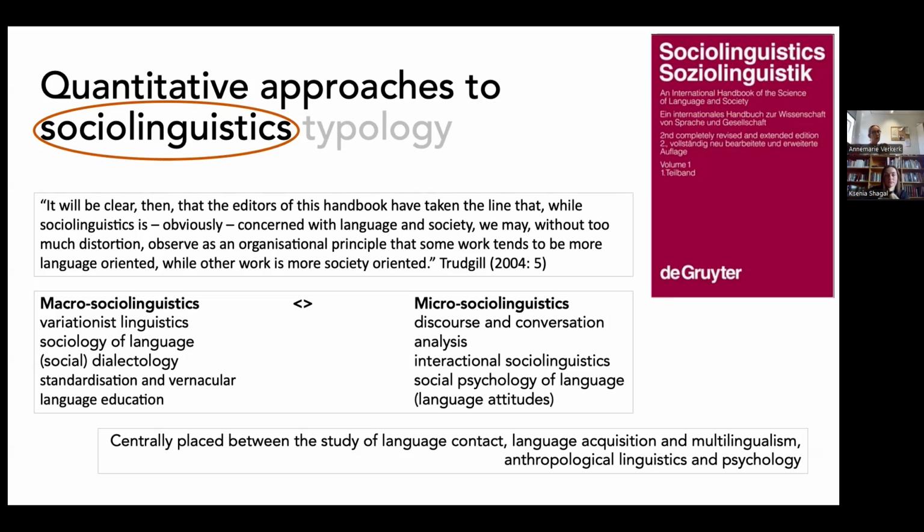So definitely, we can say that sociolinguistics is very broad. It's definitely to do with the relationship between language and society, but how that works is quite different in the work of different types of linguists.